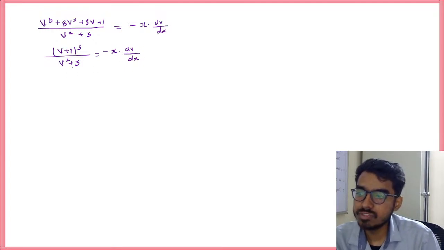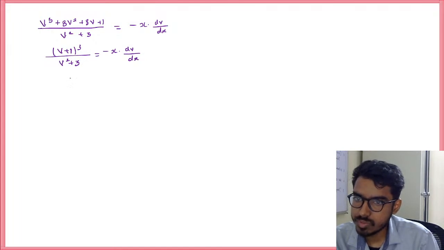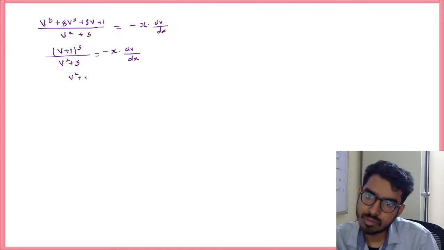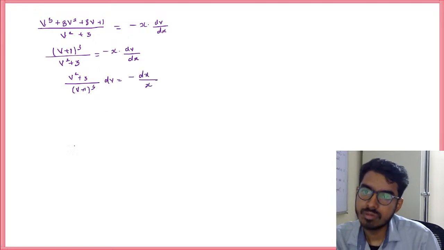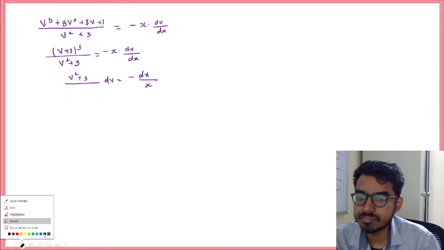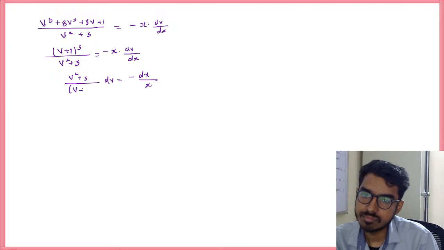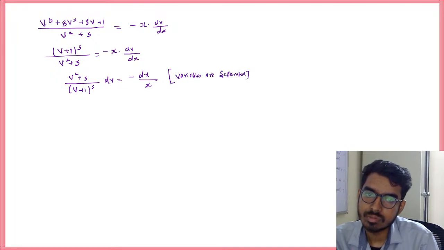So we will have v square plus 3 dv divided by v plus 1 whole cube is equal to minus dx by x, right? So variables are separated.